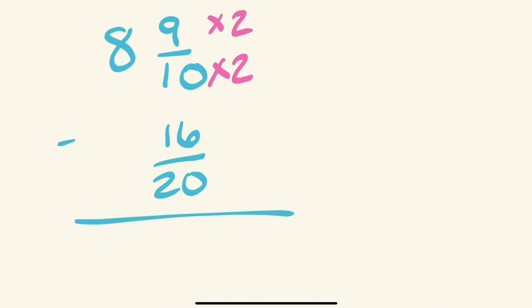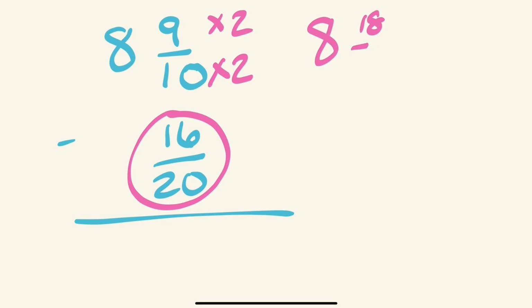So I can leave this first fraction as it is and change this top fraction so that it has a 20 as a denominator as well. So when I rewrite that fraction, it is 8 and 18 over 20 minus 16 over 20.